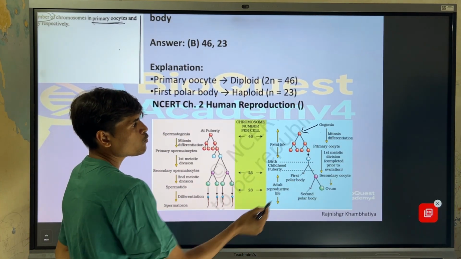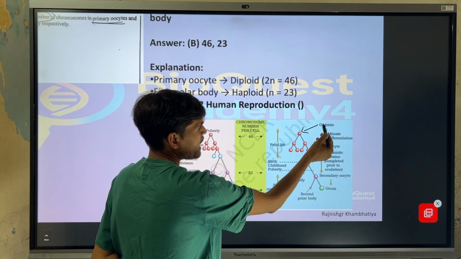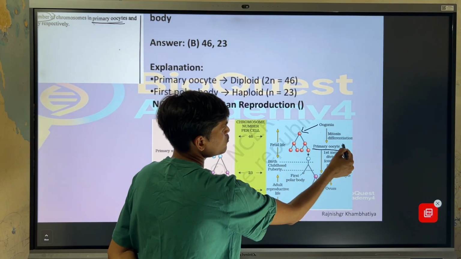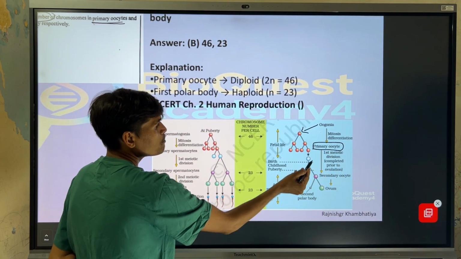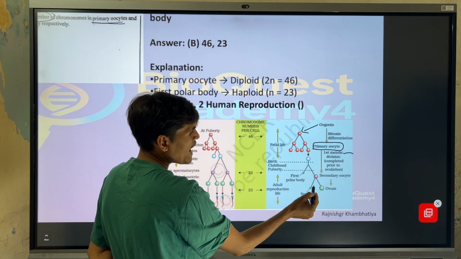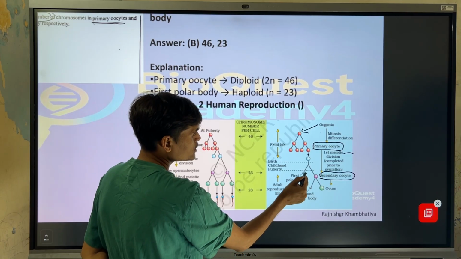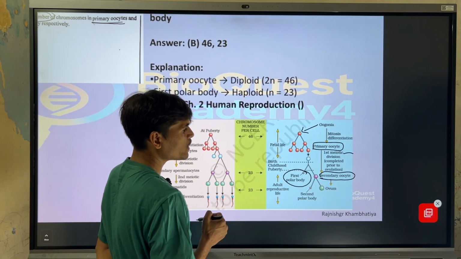oogonia. Now, oogonia first undergoes mitosis, differentiation, and produces primary oocyte. Now, primary oocyte undergoes the first meiotic division and gives you secondary oocyte and the first polar body.